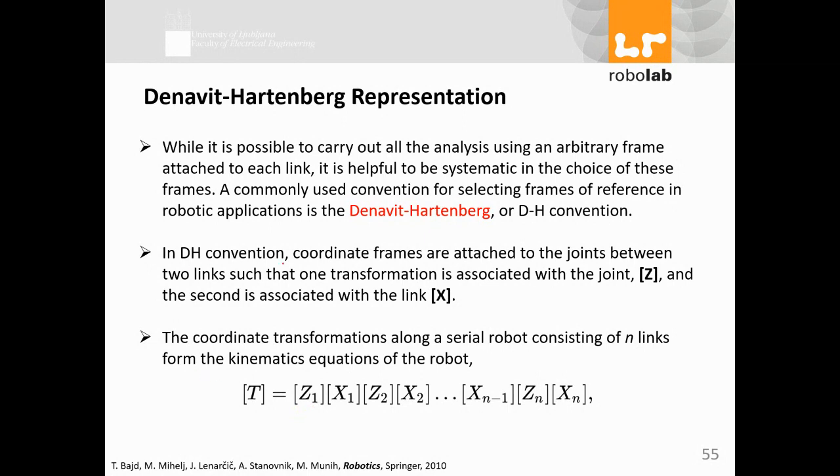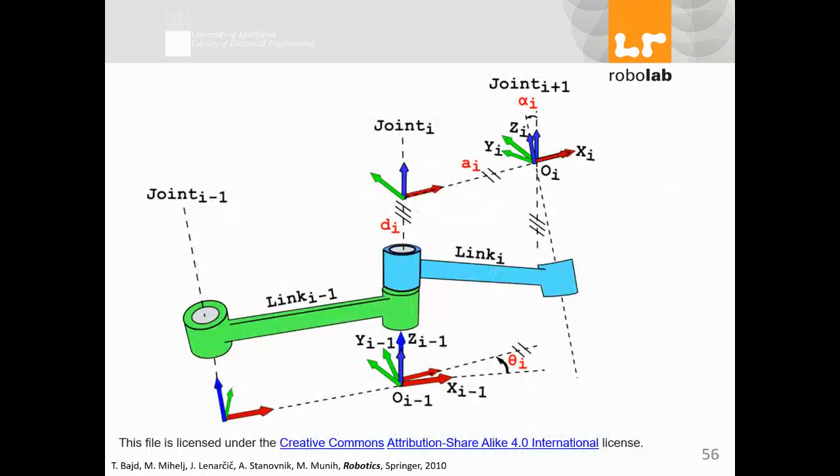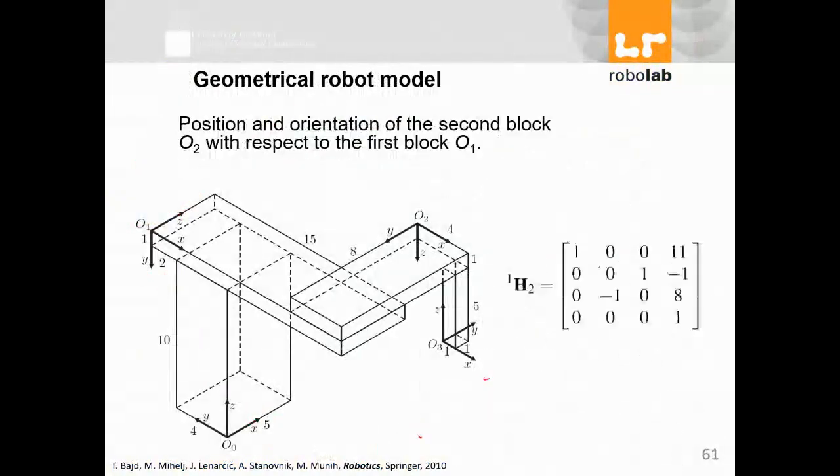So in the DH convention, a coordinate frame is attached to the joint between two links, one transformation is associated with the joint and the second with the link. So we have joint and link transformations, multiplying one after each other. What I said here will apply to almost every kind of robot we use.